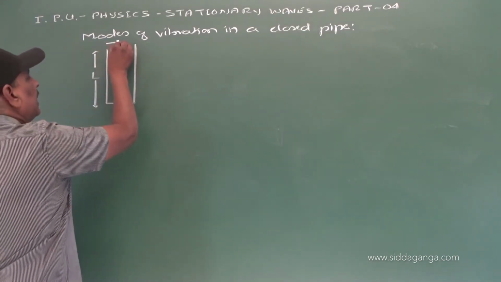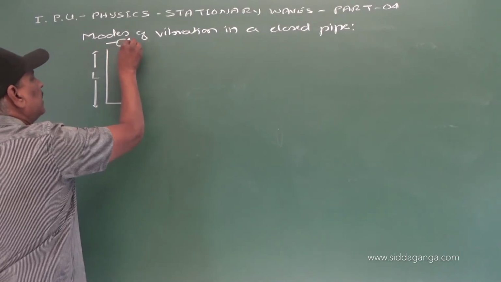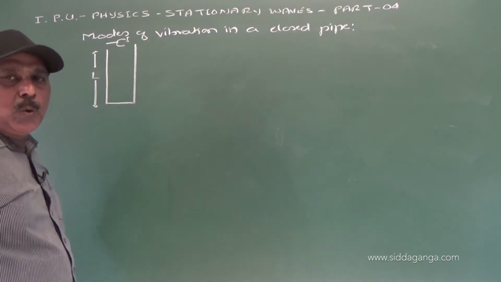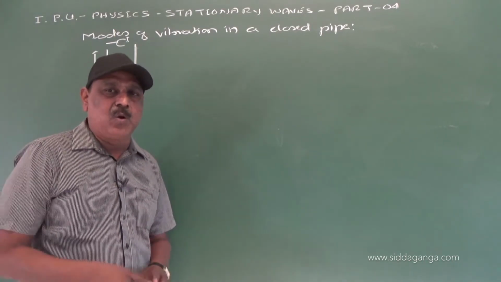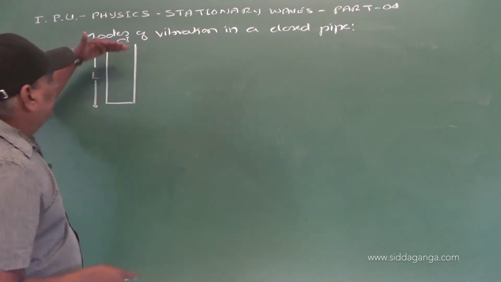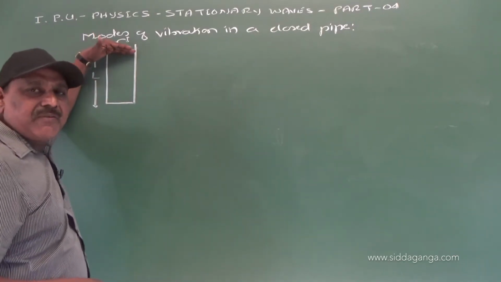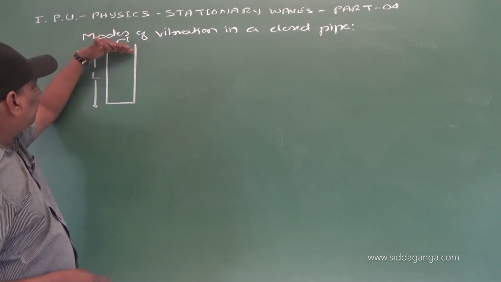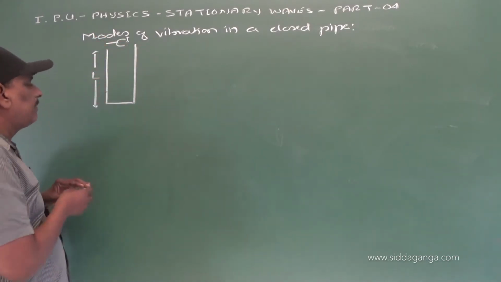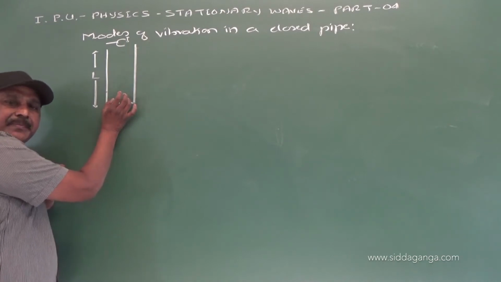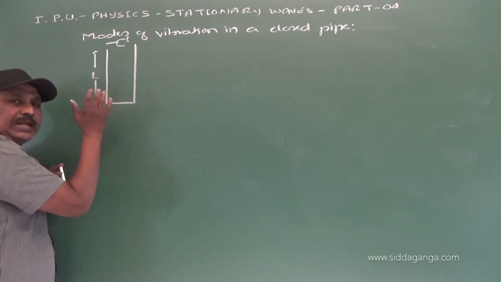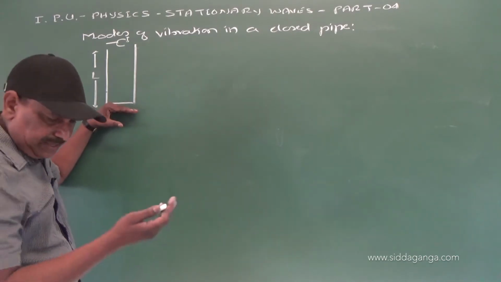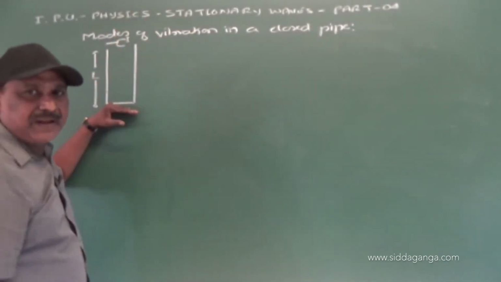When a vibrating tuning fork is held at the open end or mouth of the tube, the sound waves in the form of alternate compressions and rarefactions travel along the length of the pipe and are incident at the closed end. Since there is an obstacle in the path, the wave gets reflected.